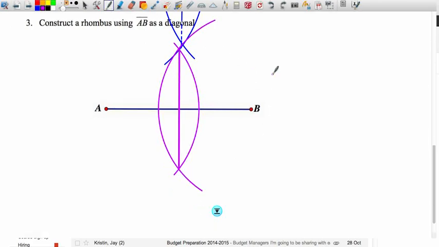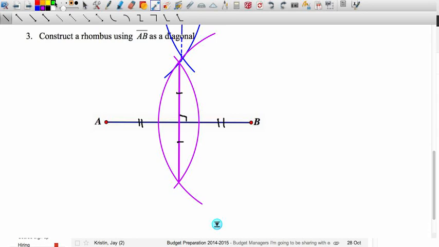Okay. And so what this has done, or what this should have done if I've done this accurately, is not only created my 90-degree angle here, but it should have guaranteed that those two pieces are equal, those two pieces are equal, and really all I need to do at this stage then is to close out my rhombus, which I can do by constructing the sides.